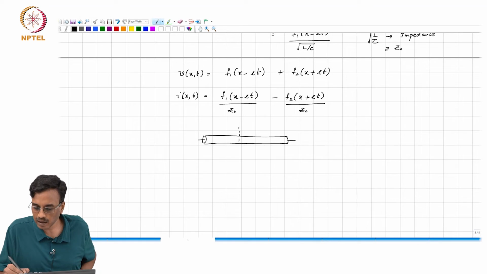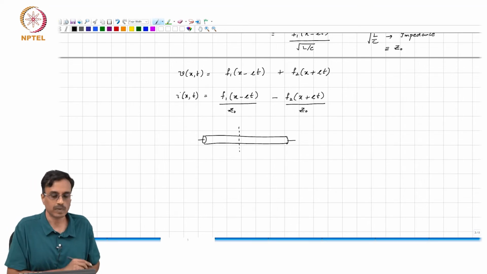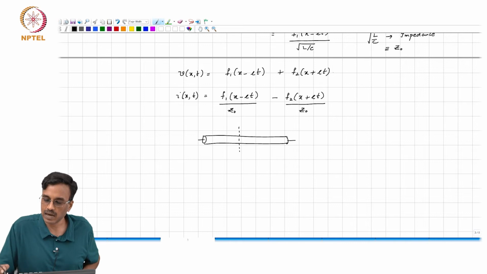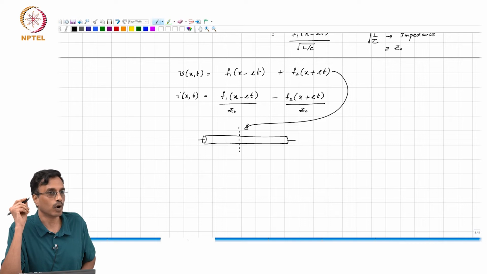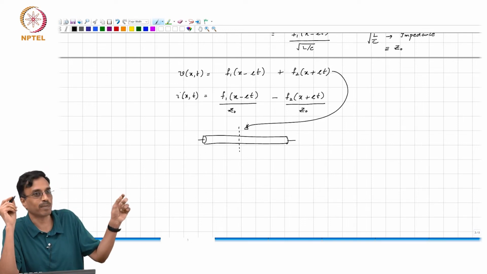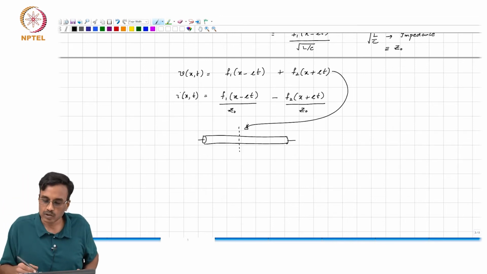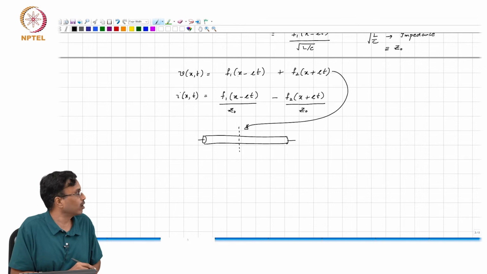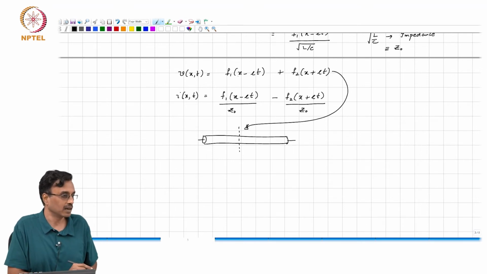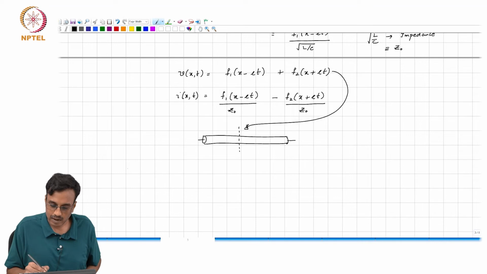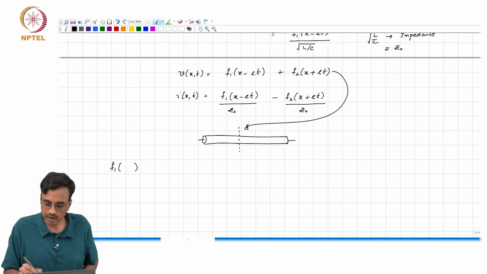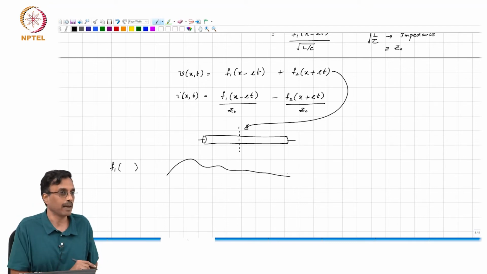At any point x along the transmission line, the voltage can be represented as the sum of two quantities, F1 of x minus Ct and F2 of x plus Ct. So, let us try and take a look at what this F1 of x minus Ct actually means. Let us say F1 as a function of its argument is some function like this.